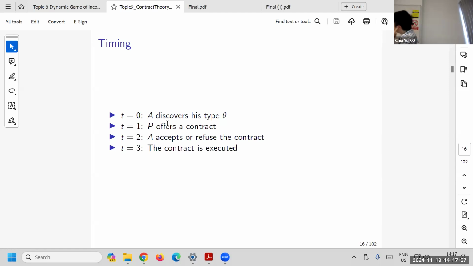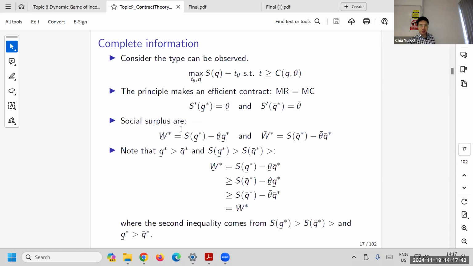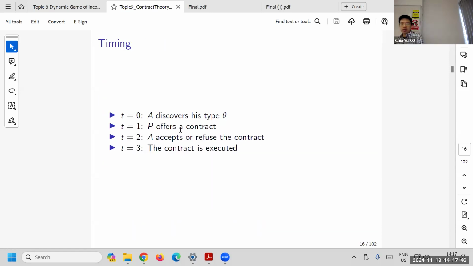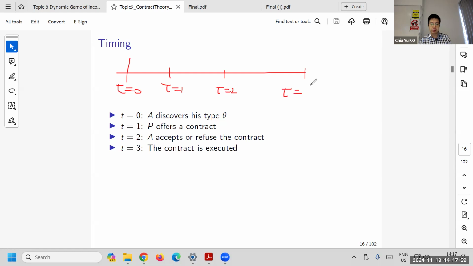Now let's see the model. Usually you see a 4-stage game. I don't have the picture here, but usually you will see a timeline like this: T equals 0, T equals 1, T equals 2, T equals 3, something like that. I should have drawn it here, but usually this is shown in the paper. First, nature decides what the type is.